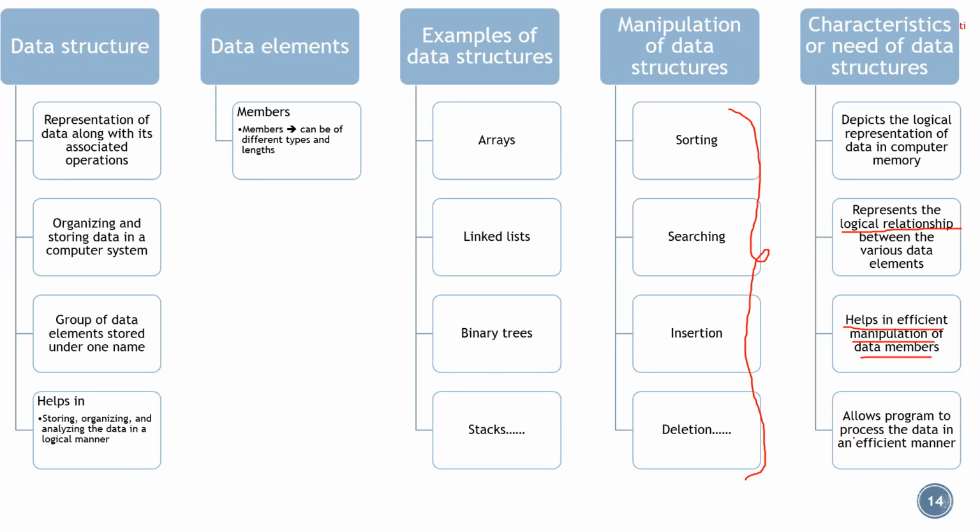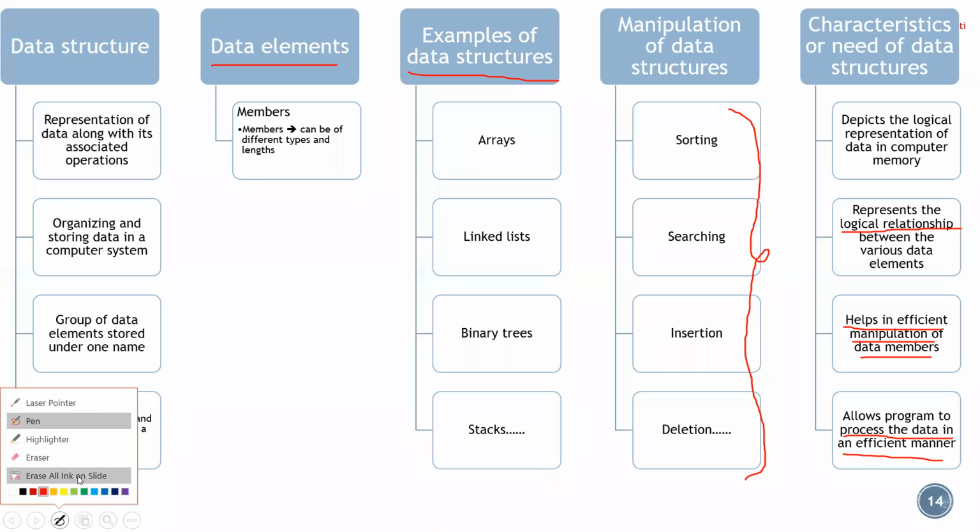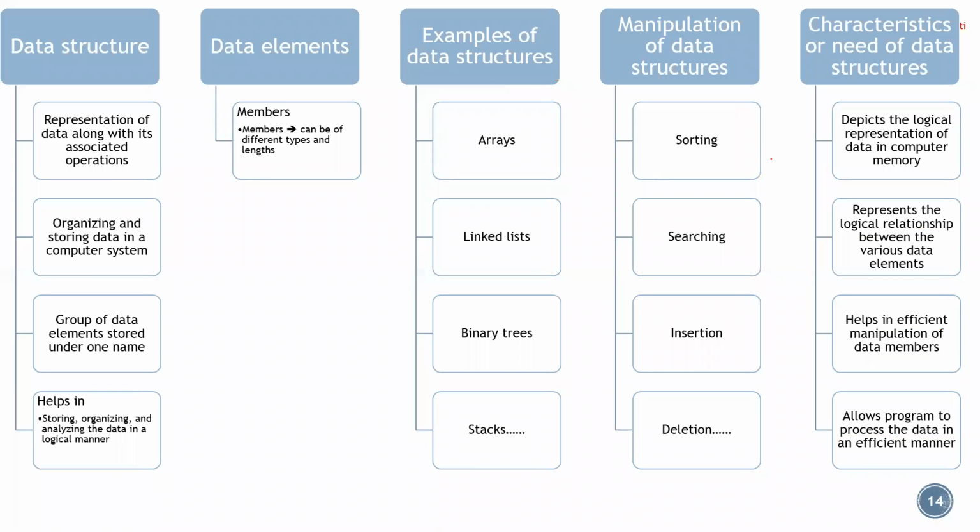Apart from that, we can even use the data elements which are present in the data structures to process the data, and we can process it for the required information. So these are a few of the characteristics depicted by the data structures. You will have the logical relationship between the data which is present in the computer memory.